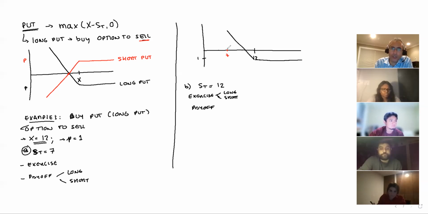Now, what is the payoff of this one here? Payoff means the vertical distance between this point and this point. The trick you need to remember is that this one here is equal to 1, as this is a 45 degree line. So what is this distance here? This point here is actually 11.